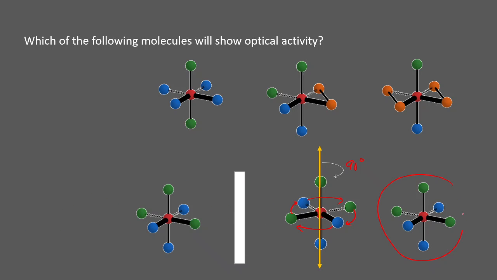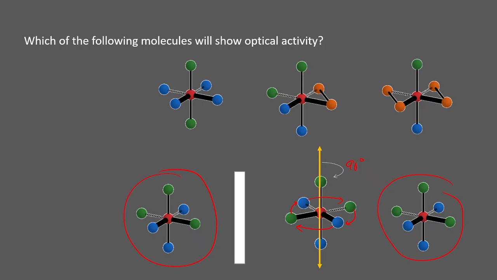And now you see that these two are completely superimposable. So don't just draw the mirror image and say that these molecules are not superimposable. You can rotate the molecule, because in that experiment also those molecules were free to rotate and move, right?